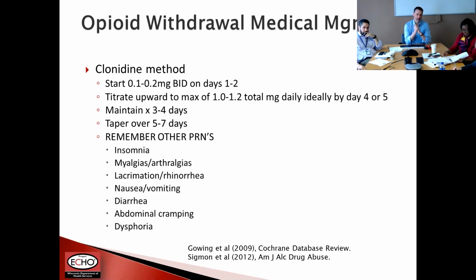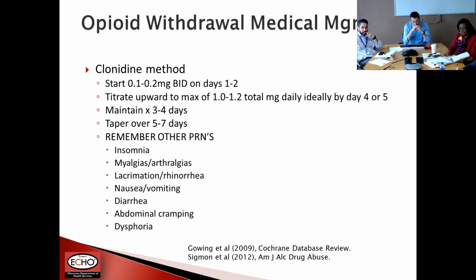And there's a fair variety of potential dosing regimens for clonidine out there in the literature. This is one example of such a regimen that was in a Cochrane database review. So for those not familiar, these are reviews that assimilate a fairly large array of evidence. So that's a resource I've come to have some faith in.